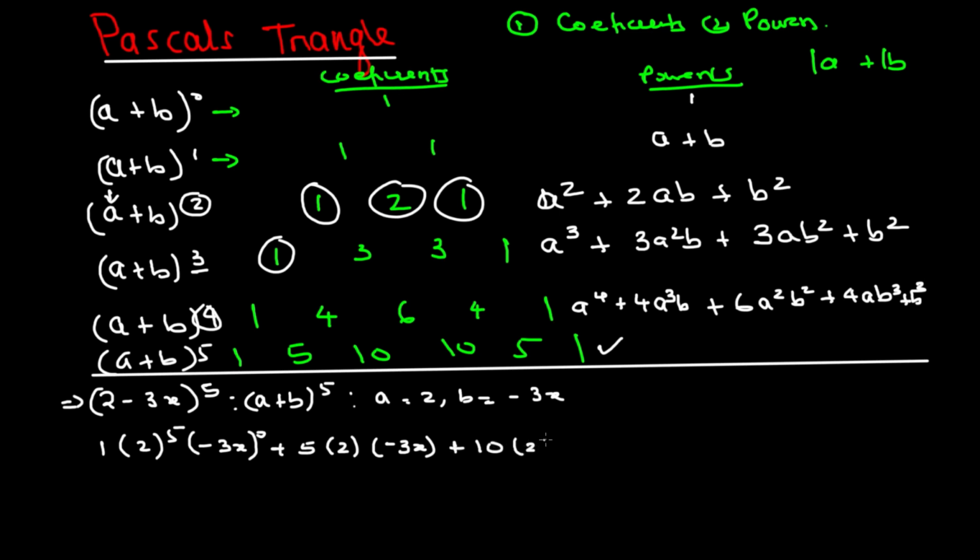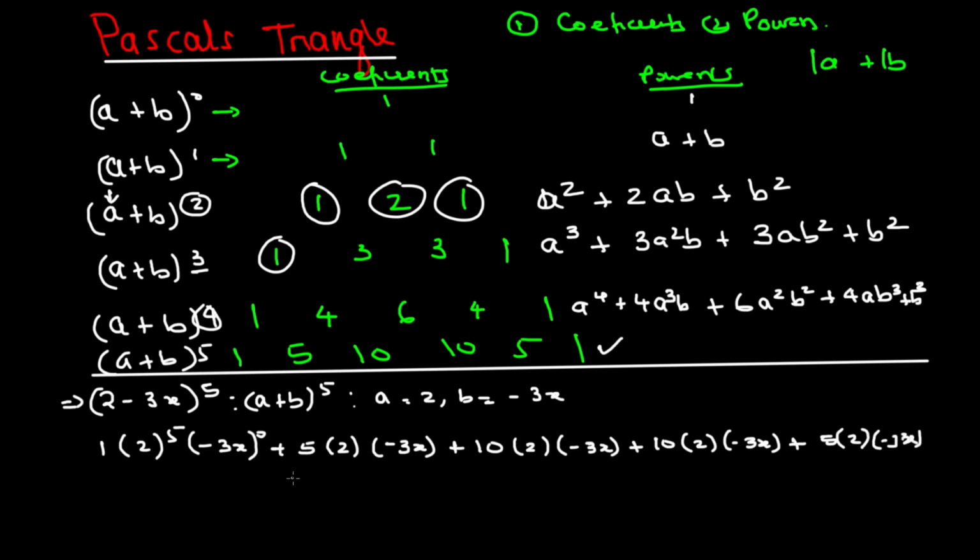We put 2. And then we put minus 3x. Then we put another 10. Then we put 2. And then minus 3x. Then we put 5. Then we put 2 minus 3x.